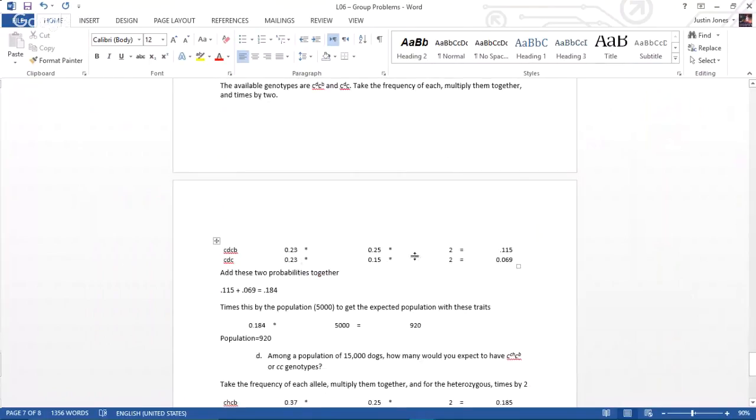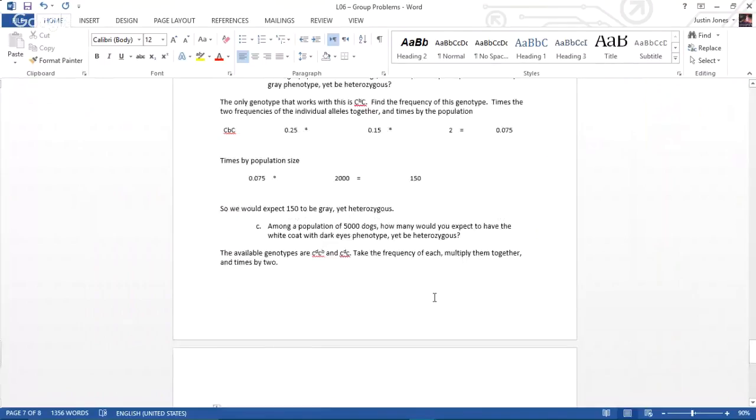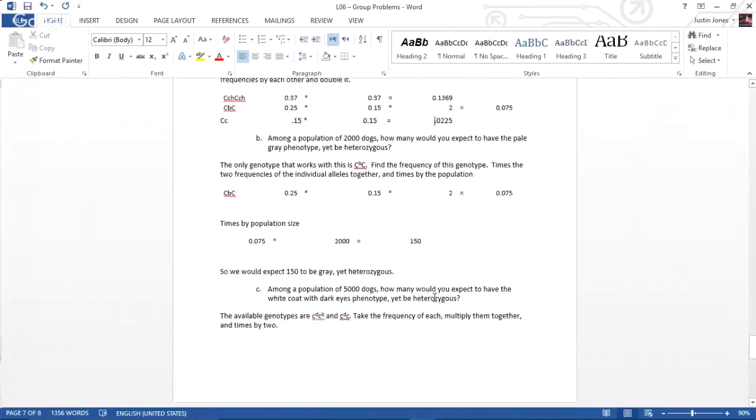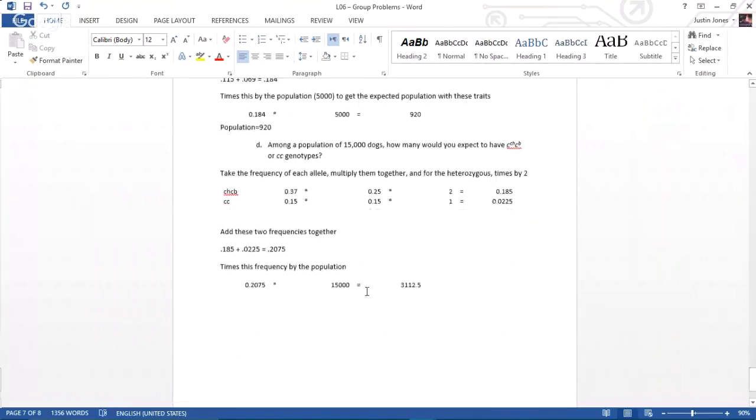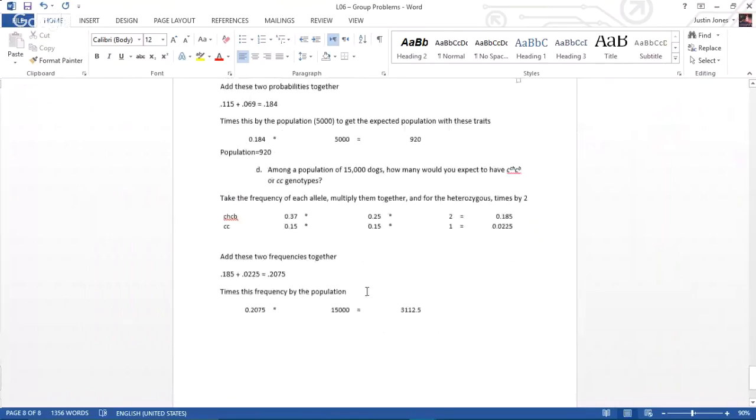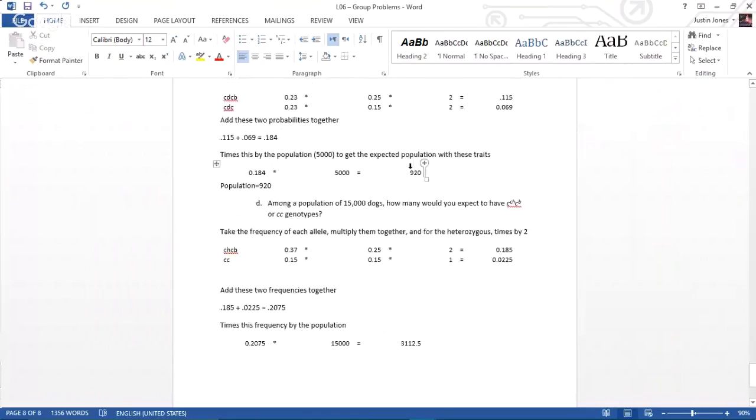And look at that, I put it into a nice chart. Times it by 2, because we can get all that. Add them together, 0.115 plus 0.069 gives us 0.184. Times this population by 5,000, because that's what it is, right here, 5,000 dogs. That's what's expected, and that'll give you a population of 920.